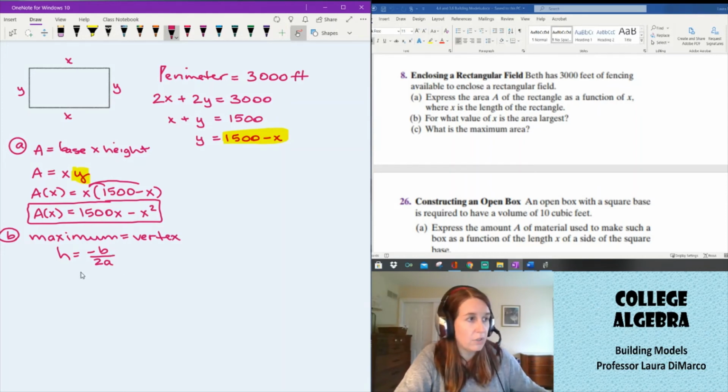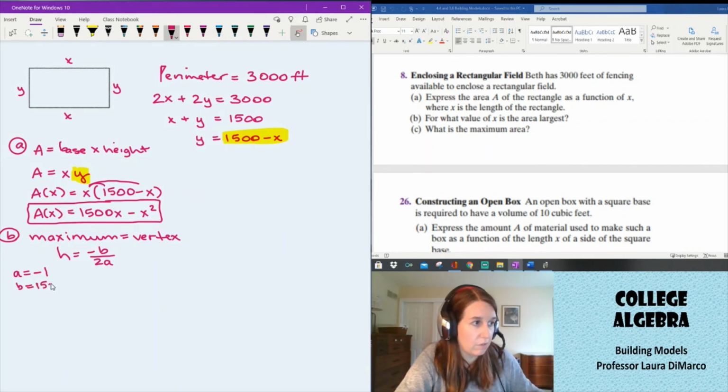Remember, a is always the number in front of the x squared term. These terms are out of order, the x term came first, then the x squared, so always try to notice that. So a is -1, and b is the number in front of the x. c is the constant term, and there's no number, so c is 0 in this case, if you needed it.